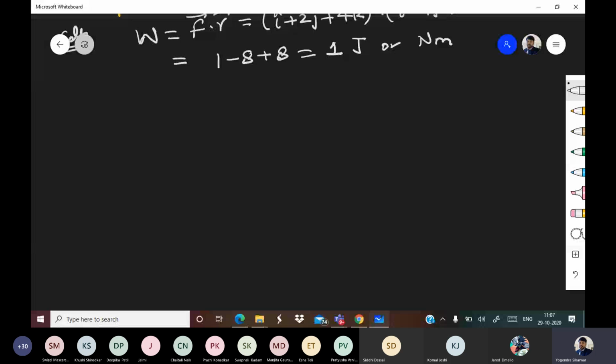Now comes vector multiplication or cross product.